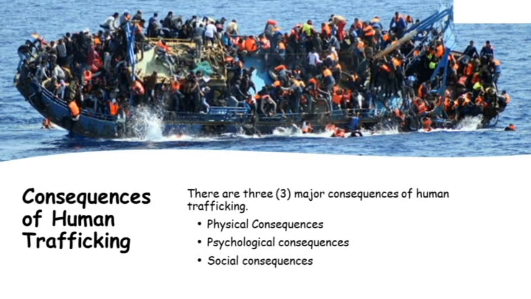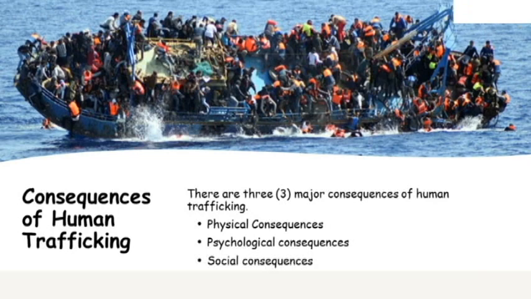Social consequences like social exclusion and intolerance can make it difficult for the victim to reintegrate into local communities. The children taken away have lost the opportunity of going to school, so they remain illiterate. So that's another social consequence of human trafficking.